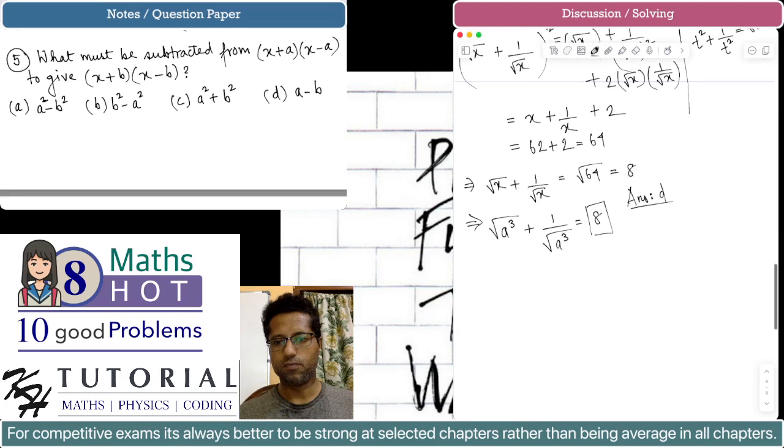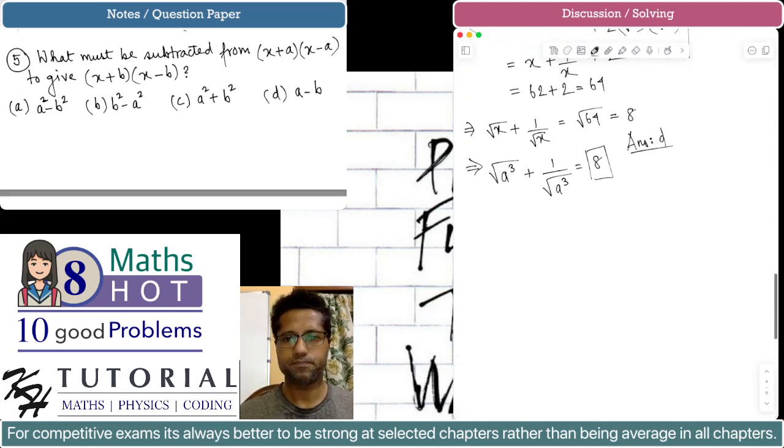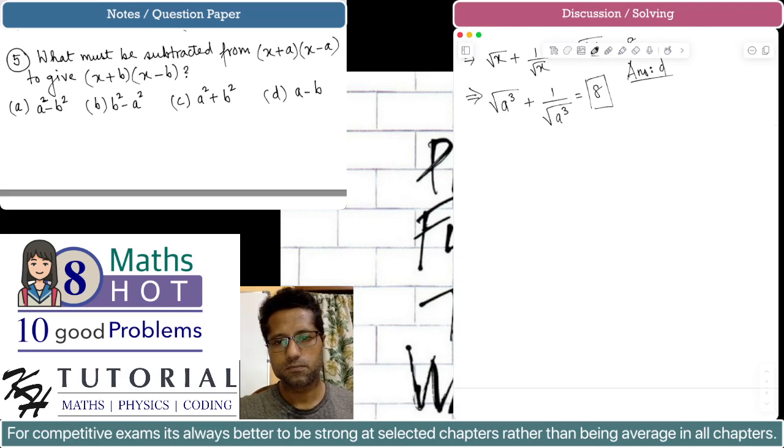Okay, let's do problem number 5. What must be subtracted from x plus a into x minus a to give x plus b into x minus b? So it is asking that we have this expression x plus a into x minus a.